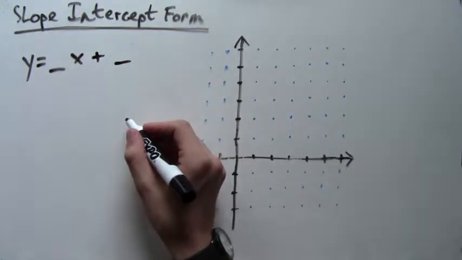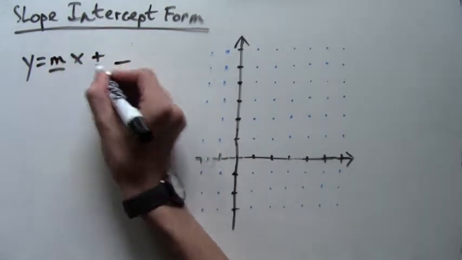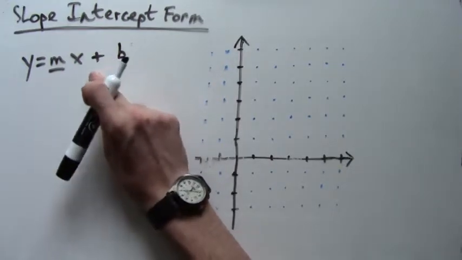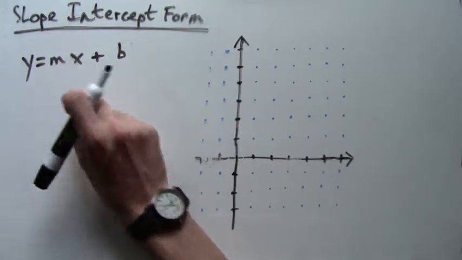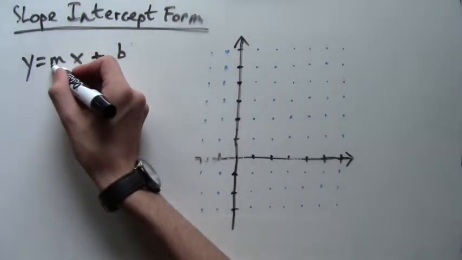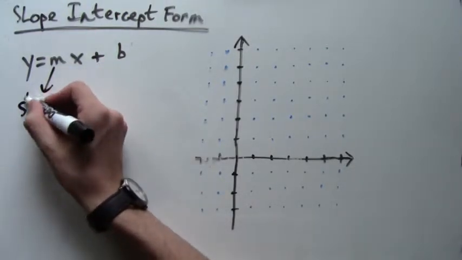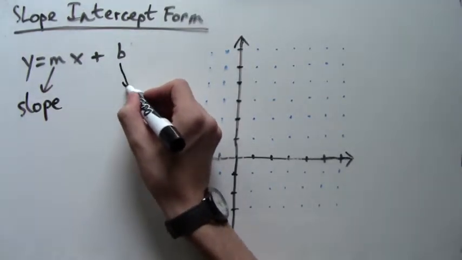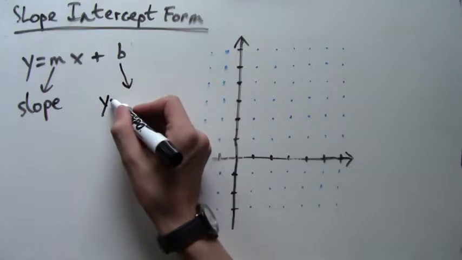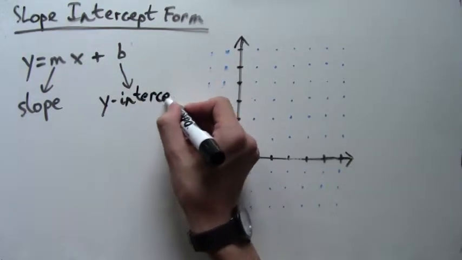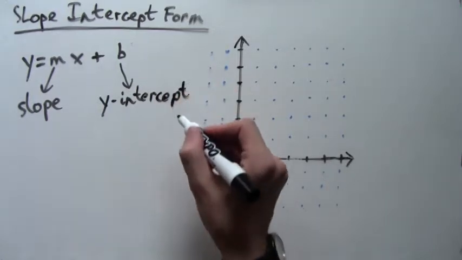We can rewrite this as y = mx + b, where m and b are some constants. Now, what are m and b? m is the slope of our line, and b is the y-intercept. That is why we call this the slope-intercept form of a line.